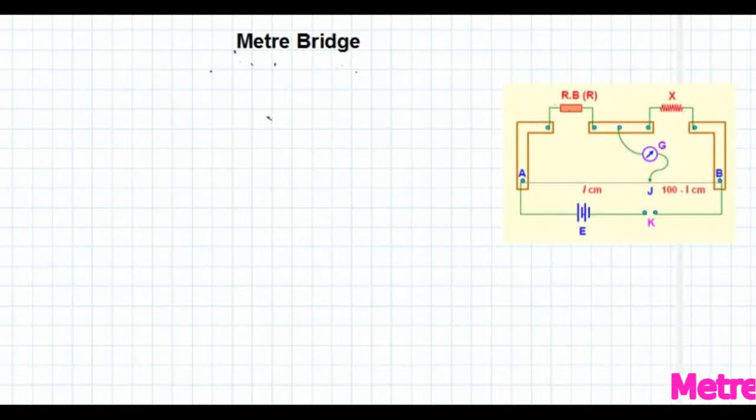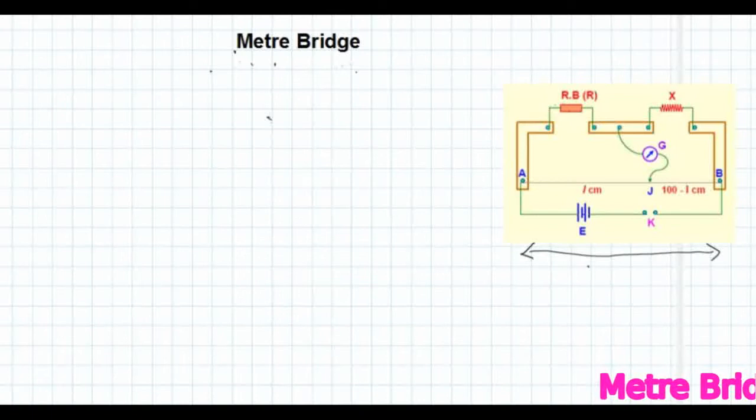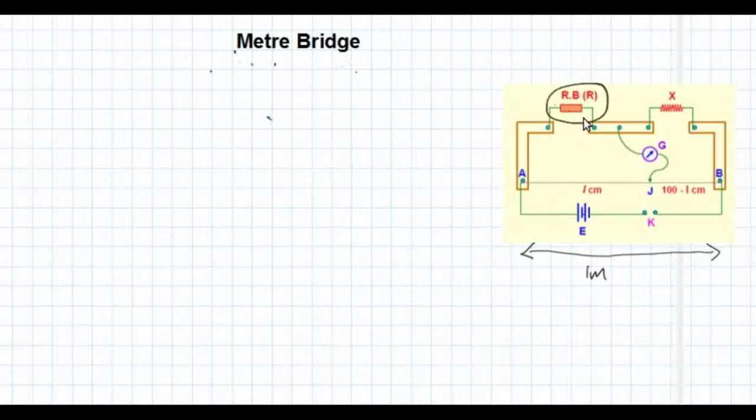This meter bridge consists of a wire, the length of which is 1 meter. That is why this device is called a meter bridge. The different parts of meter bridge are a resistance box which is represented by R, and since it is a resistance box, we know the resistance that we are using in this resistance box.